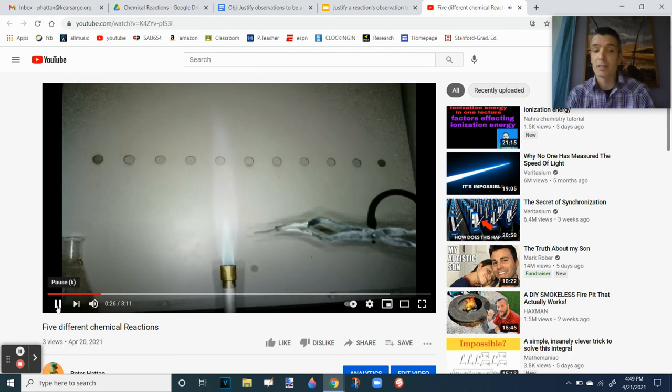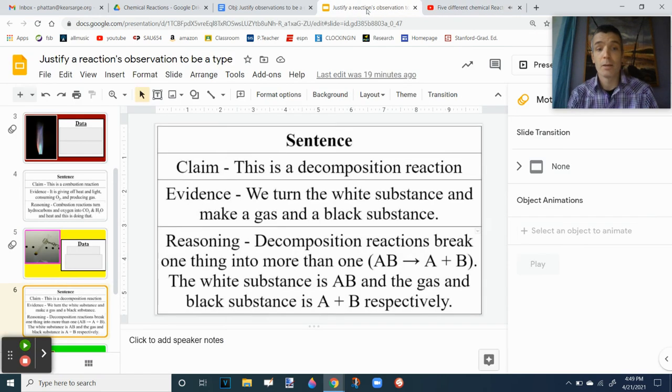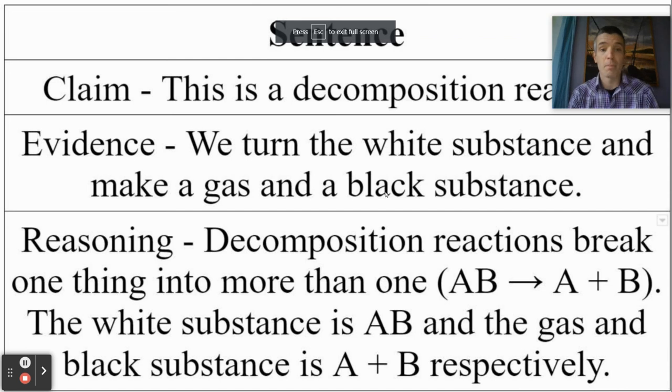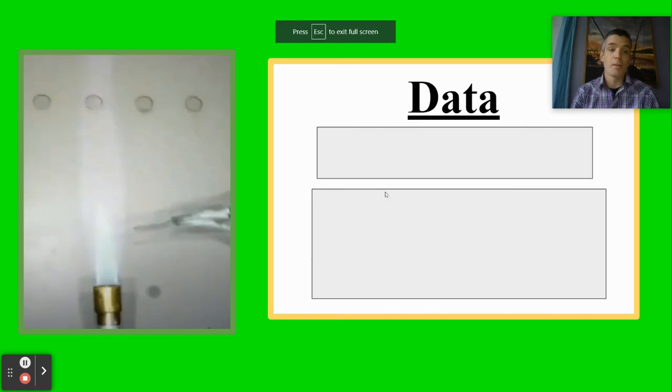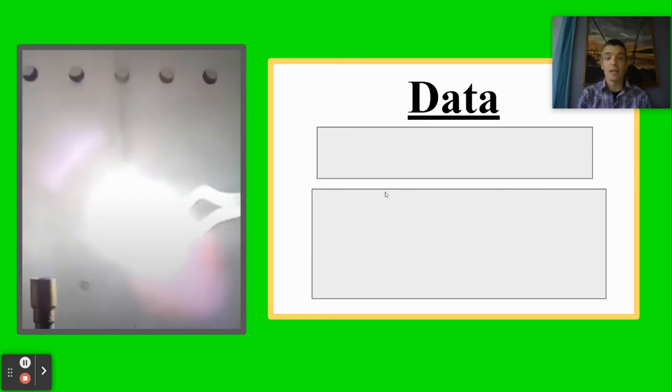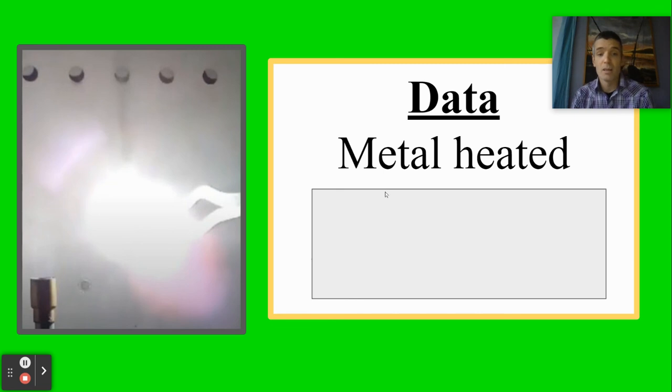Here's the third. I have this metal there. You saw I'm putting it in the flame, and then it burns really bright. All right. And what does it make? There's what it starts as. There's the light, and it makes this.